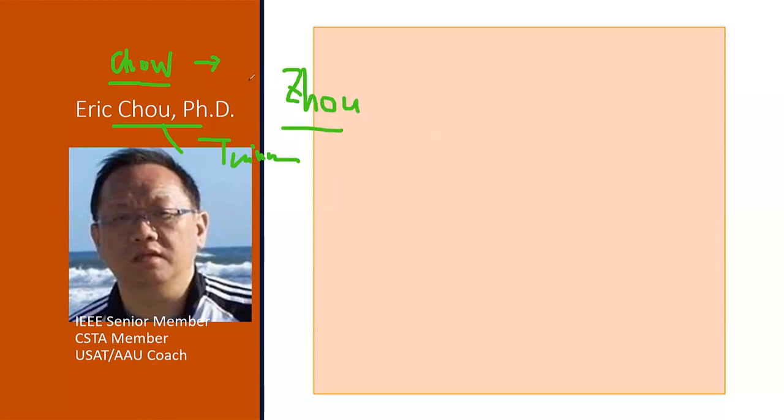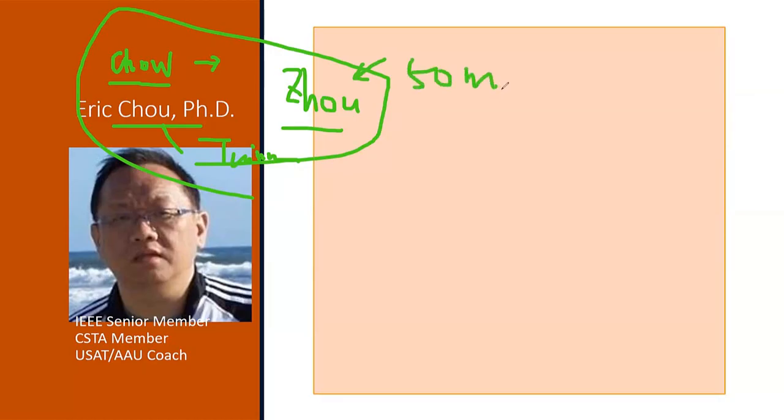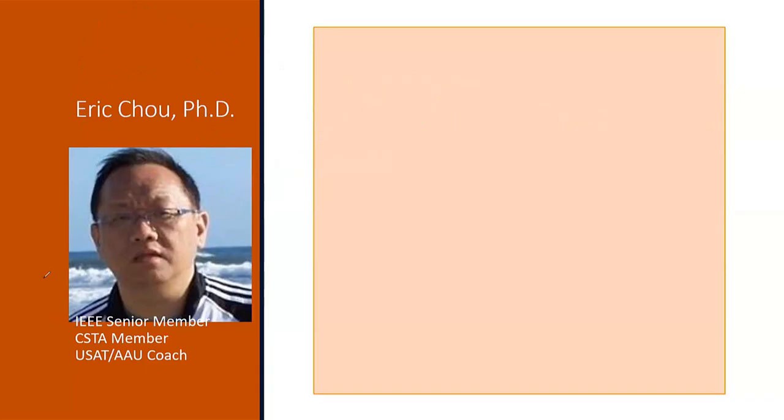But it's the same Chinese character, and it's a big family. The Chow family worldwide is probably 50 million people, quite a big family, probably one of the top 10 families on Earth. So it's a very huge group of people.